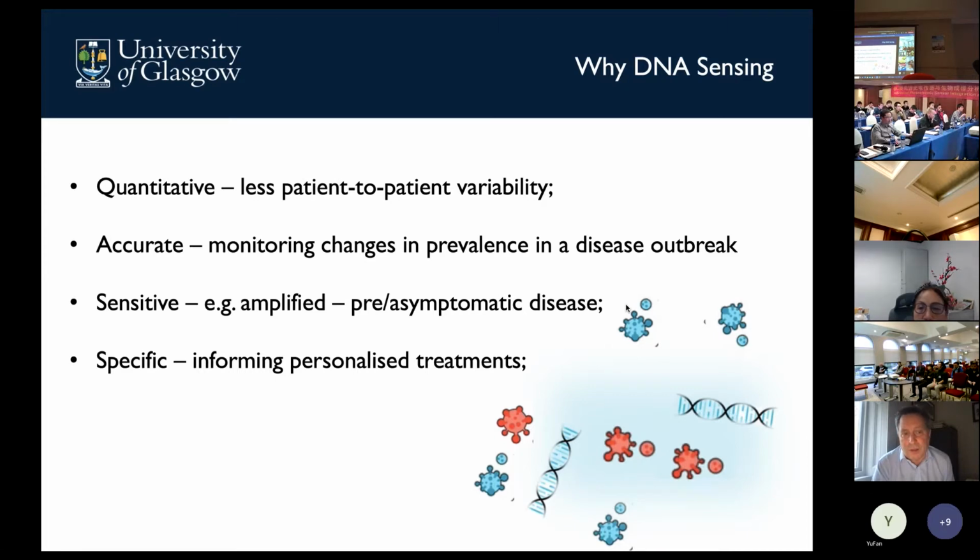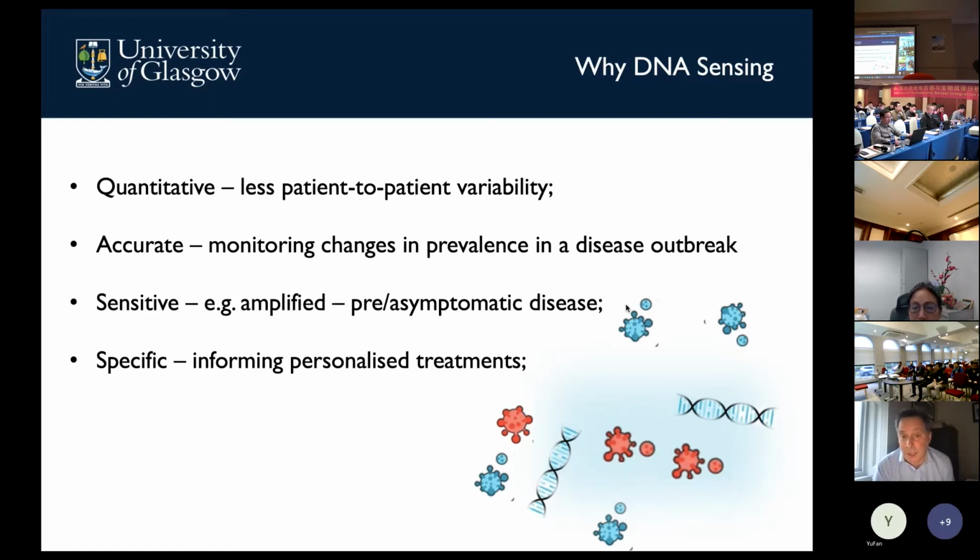Whereas actually for a DNA test, we're able to quantify the changes in patient-to-patient variability. I've already mentioned the fact that these tests are extremely sensitive, and there is the ability to look at either pre-symptomatic individuals, who have not yet shown symptoms but are carrying the disease, and also asymptomatic individuals, and those are ones who will be carrying the disease quite often in high loads, but actually are not showing any symptoms.